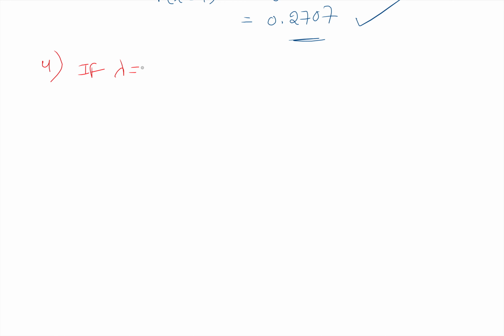If lambda is equal to 4, find probability of X equal to 2. Simply we solve as in the previous problem.